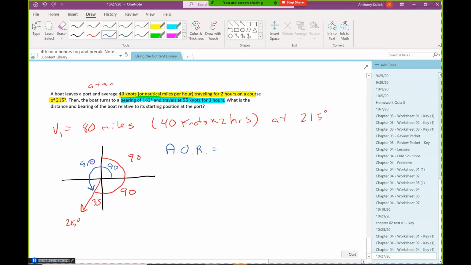So the x component of vector 1 is just going to be 80 times cosine 235. And my y component is going to be 80 times sine 235.